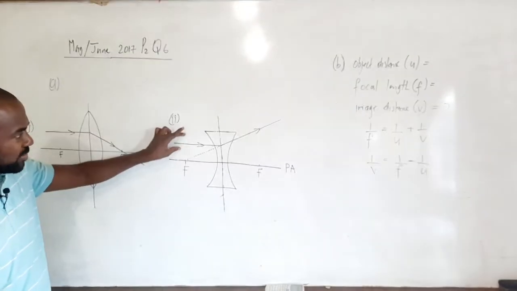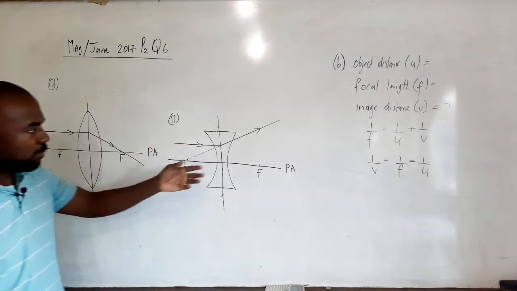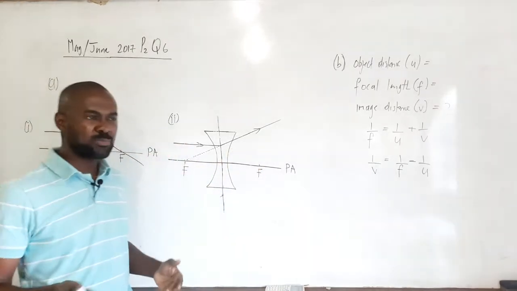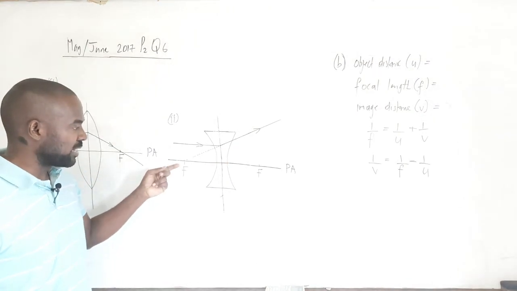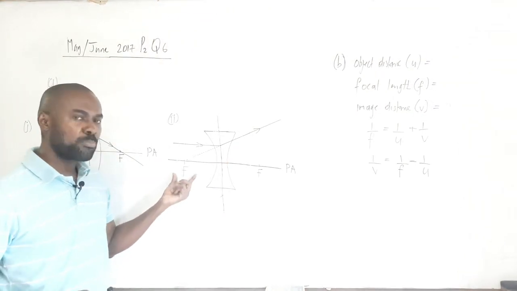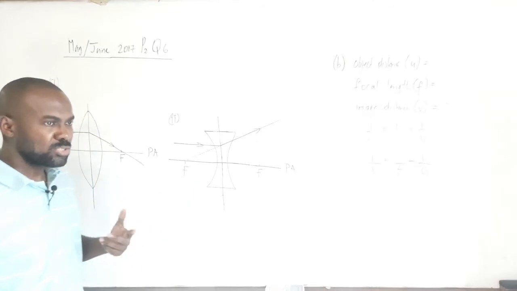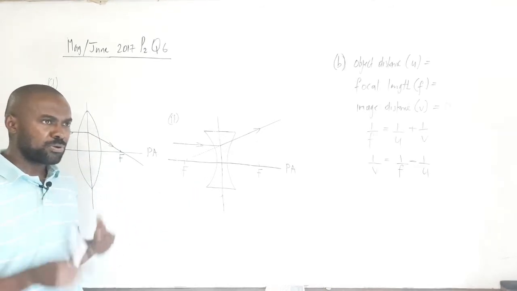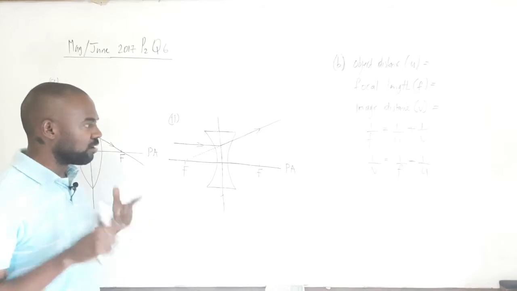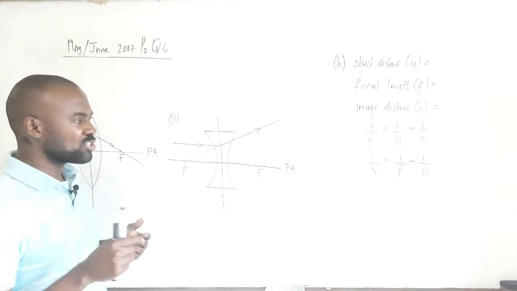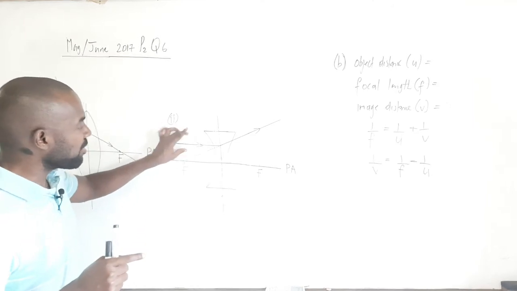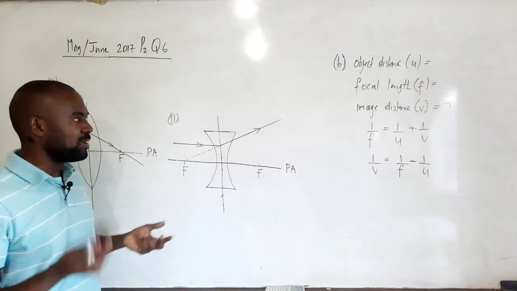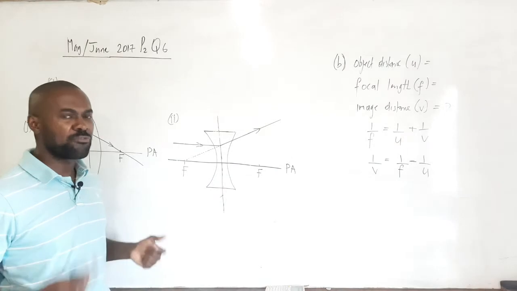The incident ray is parallel to the principal axis, and upon being refracted and diverged by this lens, it appears to come from a point on the principal axis, and this point is the principal focus. So for a diverging lens, the principal focus is the point on the principal axis from which a ray of light, which was incident parallel to the principal axis, appears to come from after being refracted.